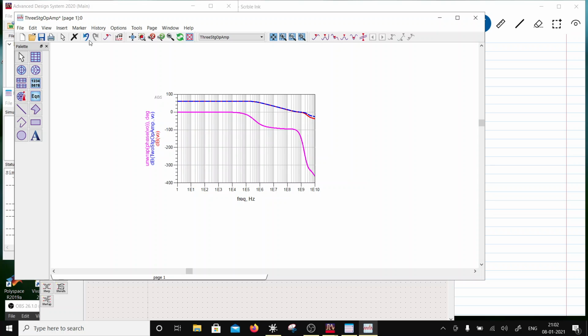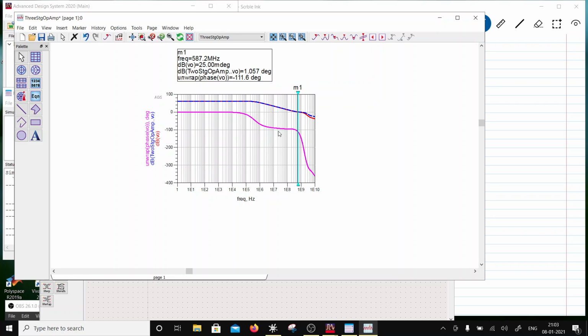So I'm going to put in a marker. I'm going to find the zero crossing. Roughly here is my zero crossing. So I have around 69 or 70 degrees of phase margin here.